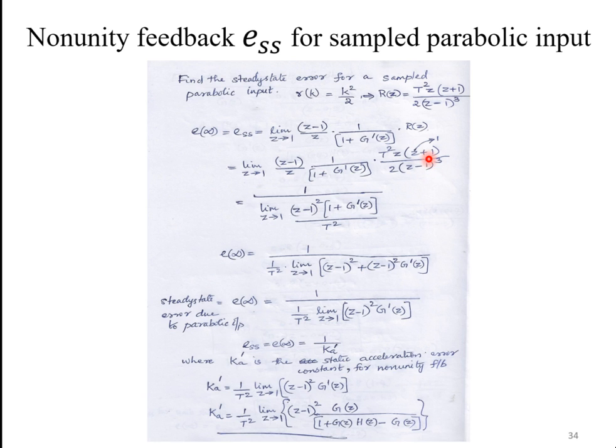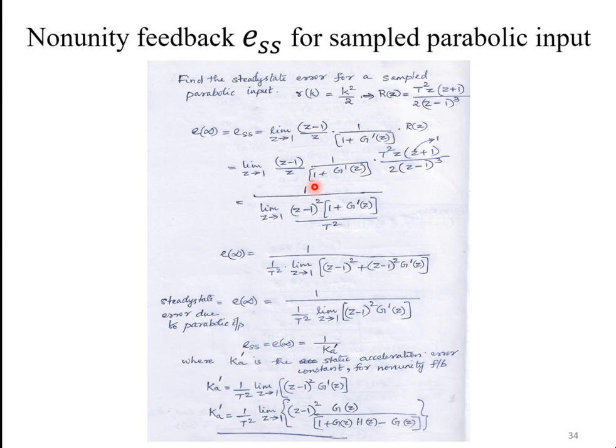The numerator has only z plus 1, so you can apply the limit there as z equal to 1. So it is 1 plus 1, 2, and the 2 in the denominator of the sampled parabolic input will get cancelled, and again I am dividing the numerator and denominator by T squared.